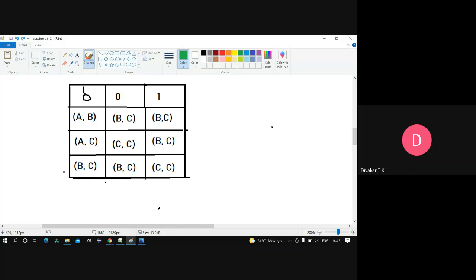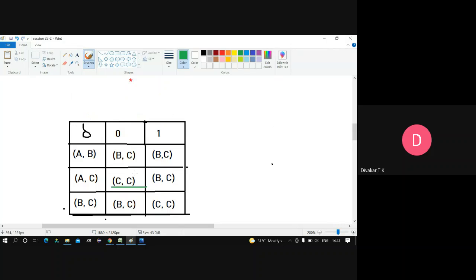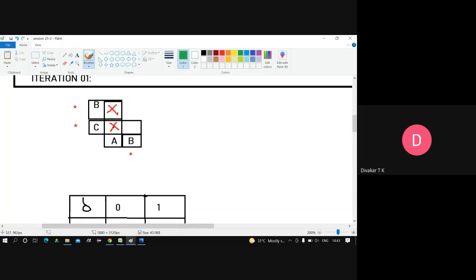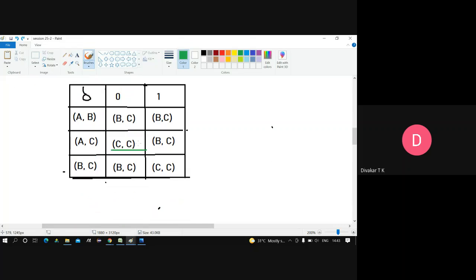Okay, fine. Next, CC is there. Go back to this one, no marking here. For CC, nothing like that is there; if you get the same here, it won't be there. Table, common sense. So next to BC, BC we already checked, that is also not there. Both are not there, so no marking.